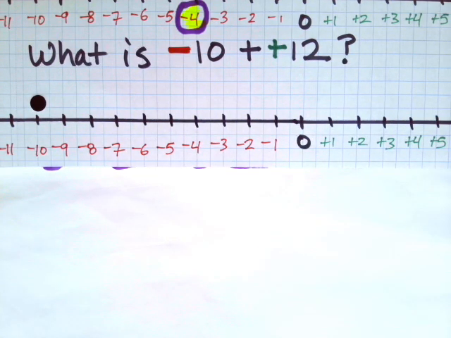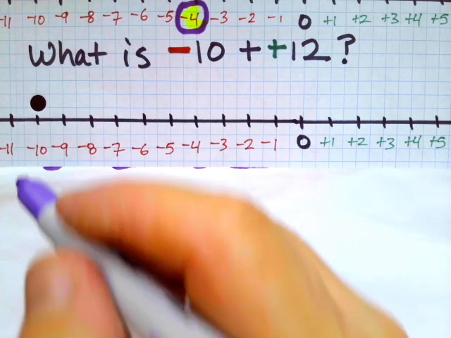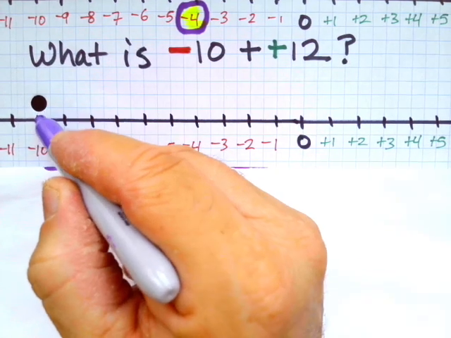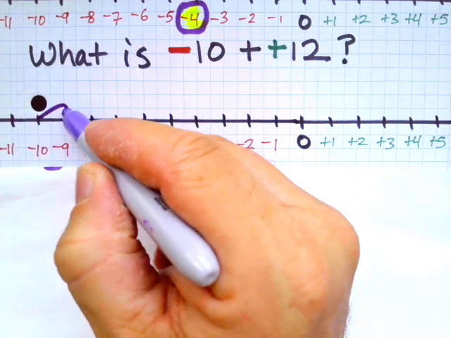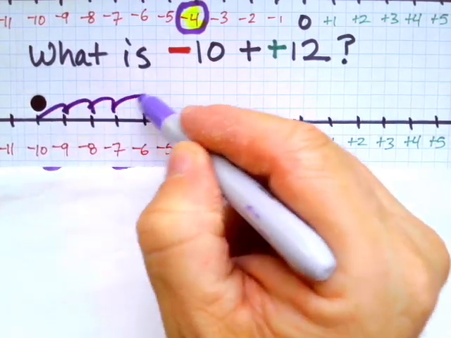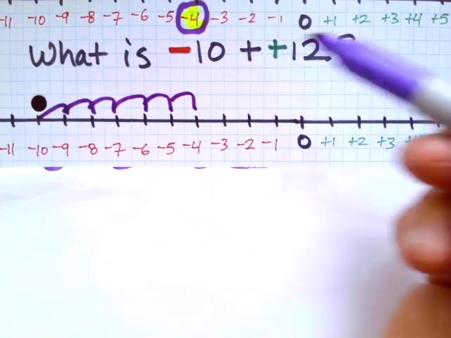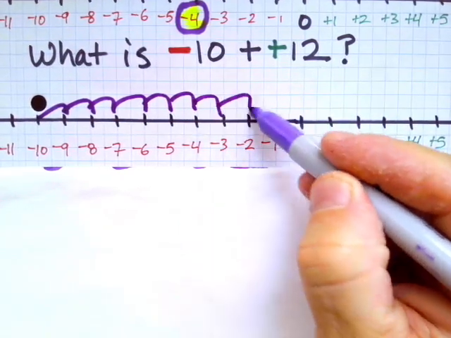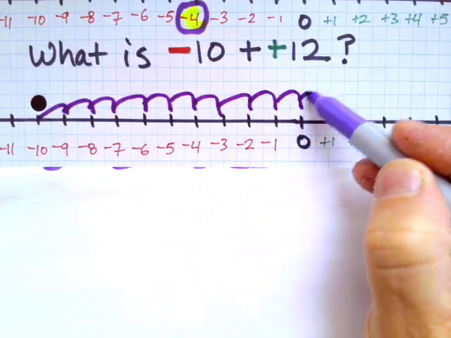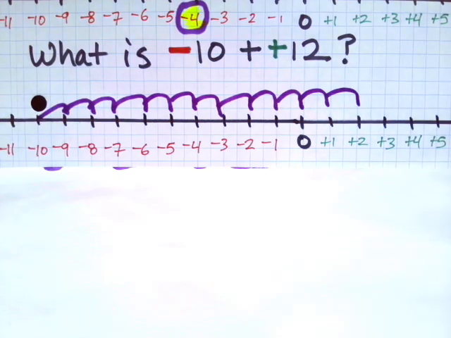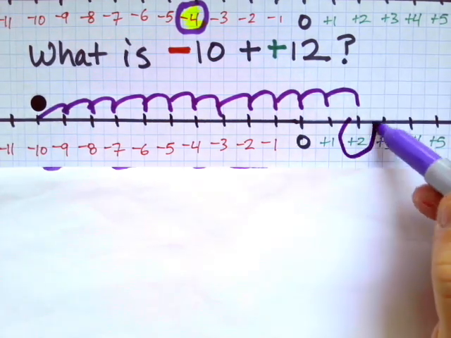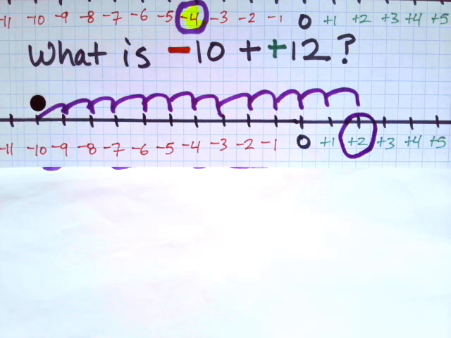Since my number line is pretty short, I'm only going to show you one way, starting at negative 10 and going 12 in the positive direction. 1, 2, 3, 4, 5, 6, 7, 8, 9, 10, 11, and 12. My answer is going to be a positive 2.